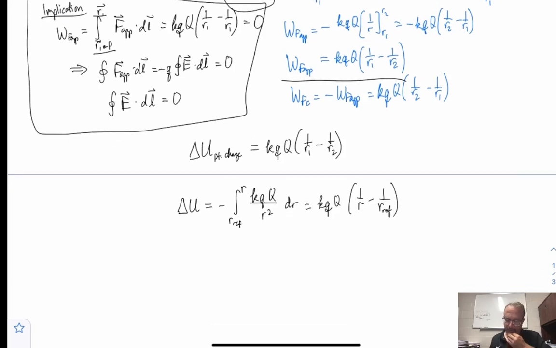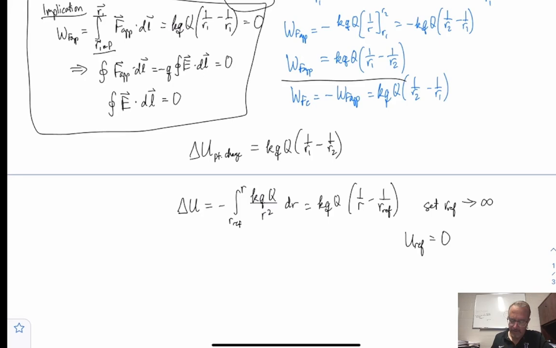And so generally it's not a bad idea to set the reference location for these problems to go off to infinity if you can, which means that the potential energy at the reference location is set to 0.